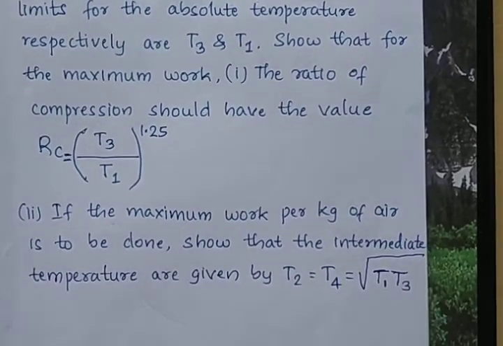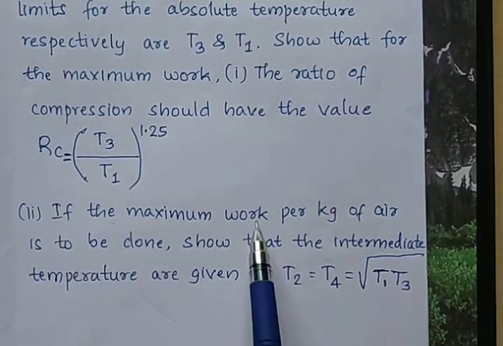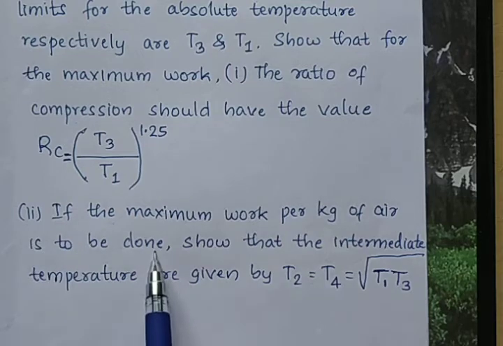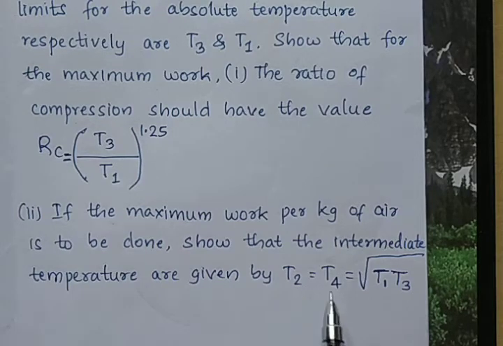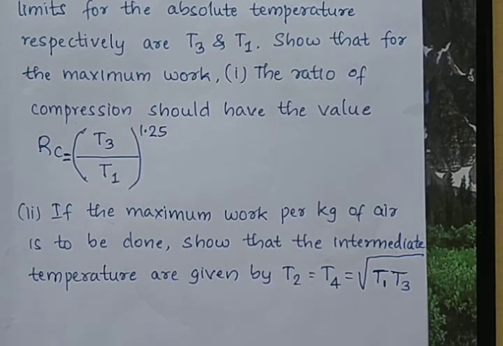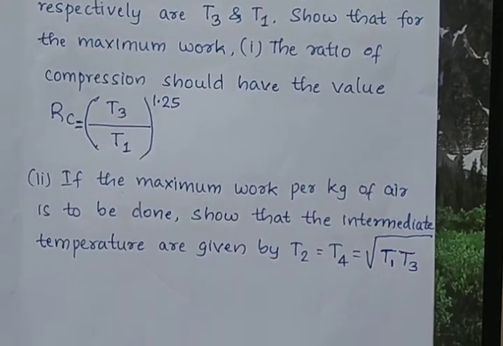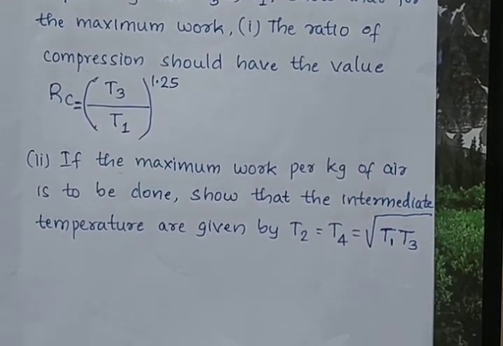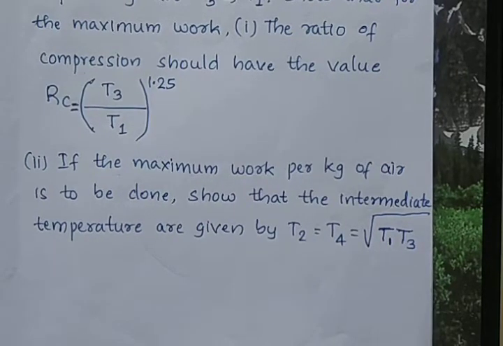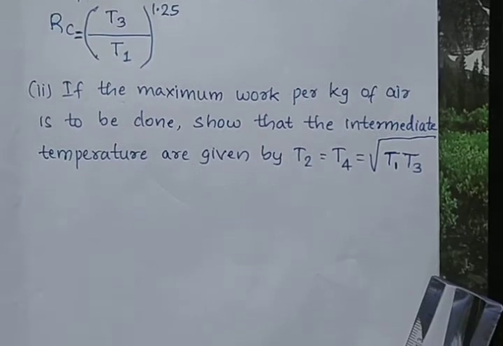And in the second case, if the maximum work per kg of air is to be done, show that the intermediate temperatures are given by T2 is equal to T4 is equal to root of T1 T3. So there are two cases to be done. So we will take up the first case. So again you can draw the PV and TS diagram of Otto cycle. So in short, I will just draw it within a few seconds.